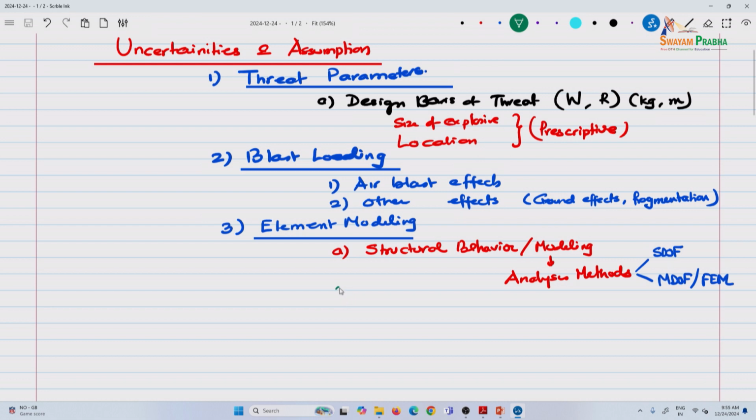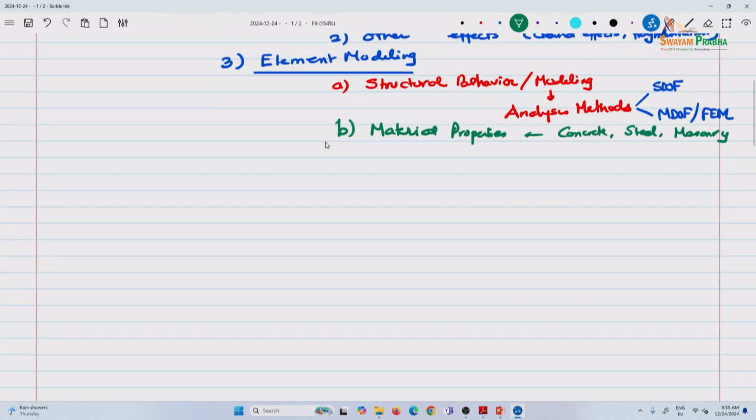Then you have element material properties. And material properties are different whether you have concrete, steel or masonry, and we'll look at some of them today. And once you have all of this nailed down, the fourth thing that comes in is the element response.